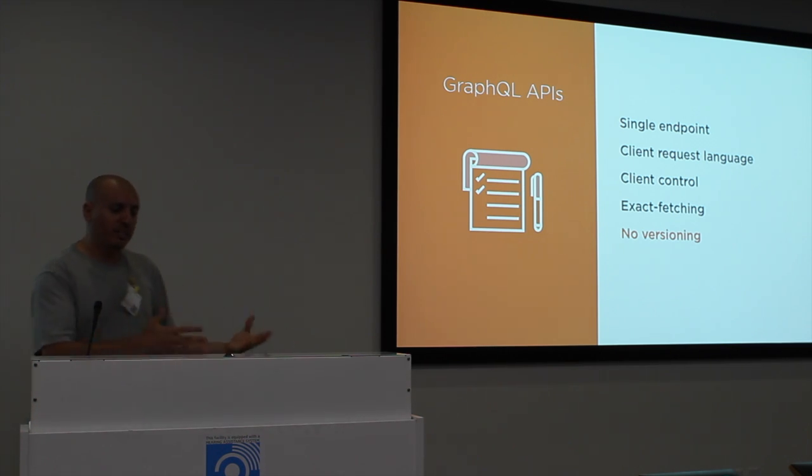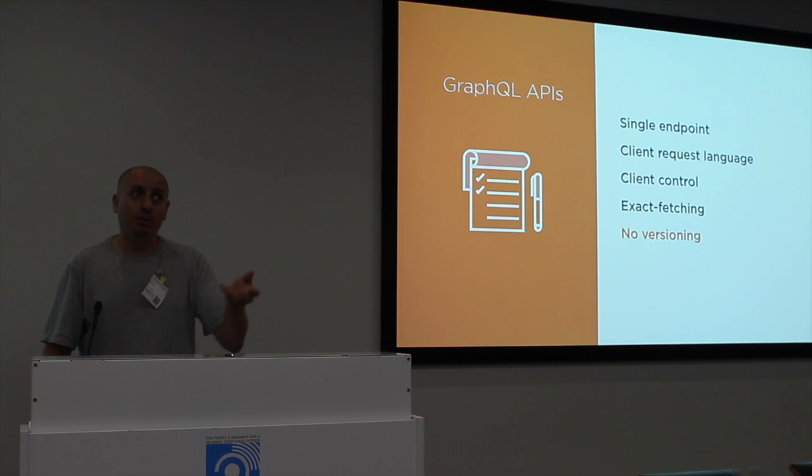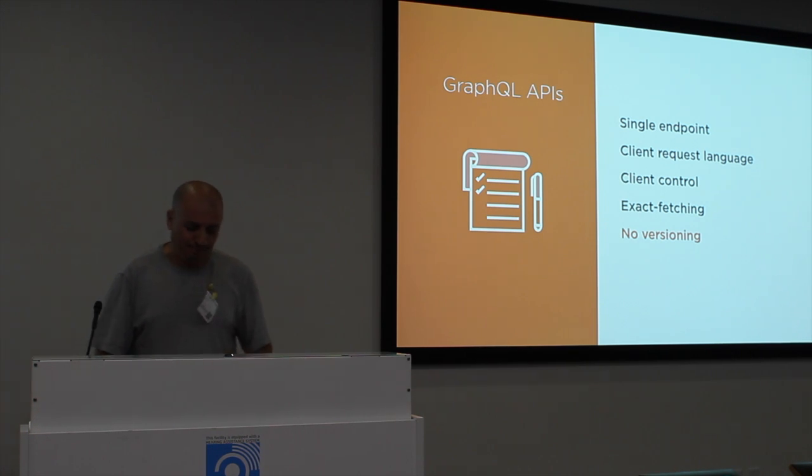And there's a strong reason why this is baked in the language: with mobile applications, with mobile clients, you can't really control the mobile client history. The user who installed your mobile application 5 years ago, you can't control the version of the data they asked for. So you'll have to keep supporting it probably forever. So you can avoid versioning altogether with GraphQL.